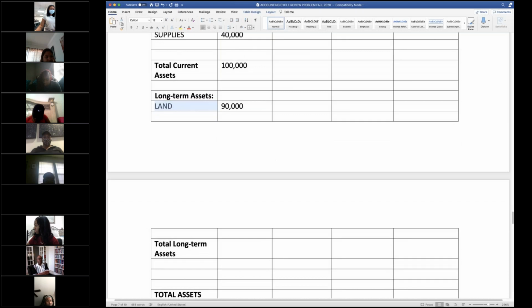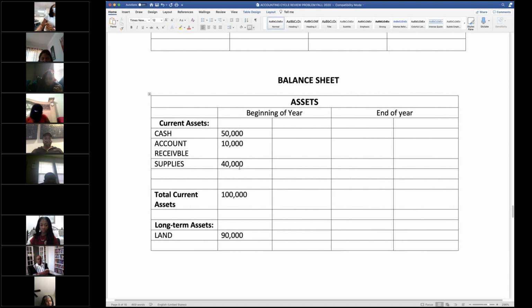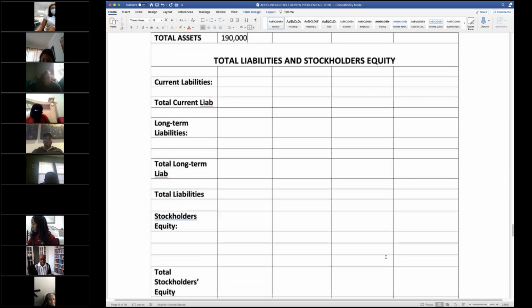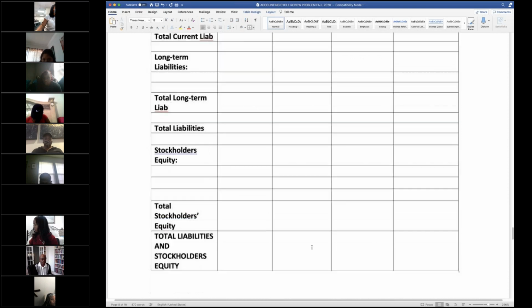The land is in, total long-term assets are 90. So when I add up all the assets, 100 current, 90 long-term, my total assets are 190. So I have to come down here and get the same 190.